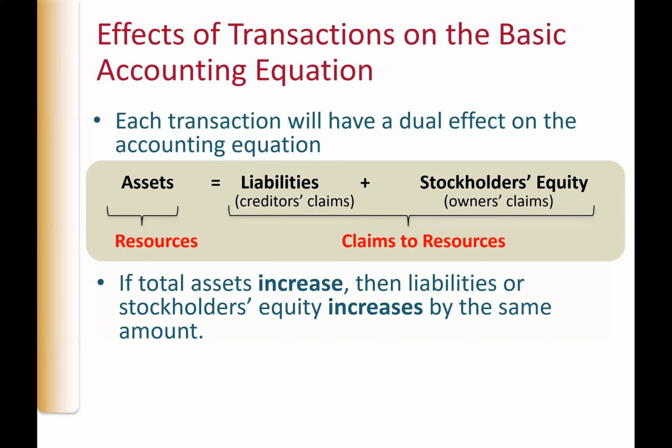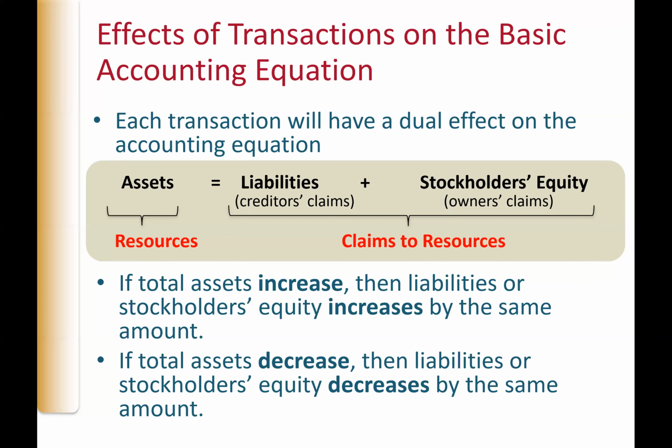So when we analyze these transactions, if total assets increase, then liabilities or stockholders' equity also has to increase by the exact same amount, because we know our assets will always equal our liabilities plus our stockholders' equity.